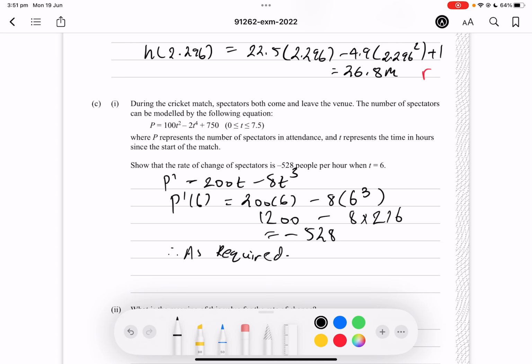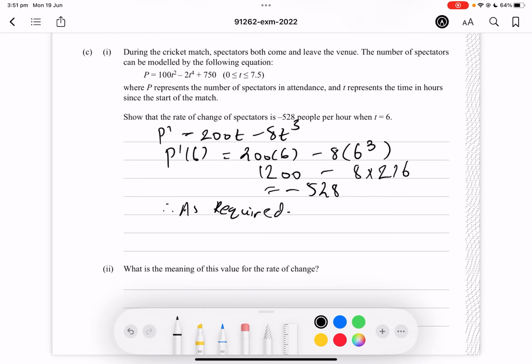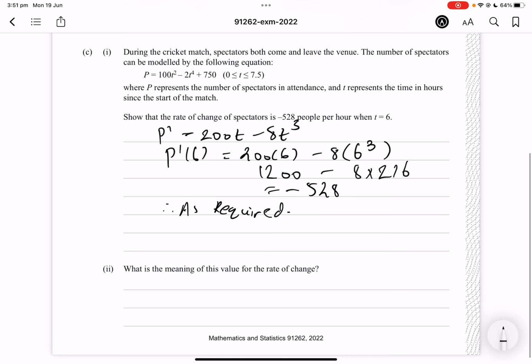This is a multi-part question, so we're just going to continue. Sorry about that. So what is the meaning of this value for the rate of change? That just simply means at the 6th hour, people were leaving at a rate of 528 people per hour.